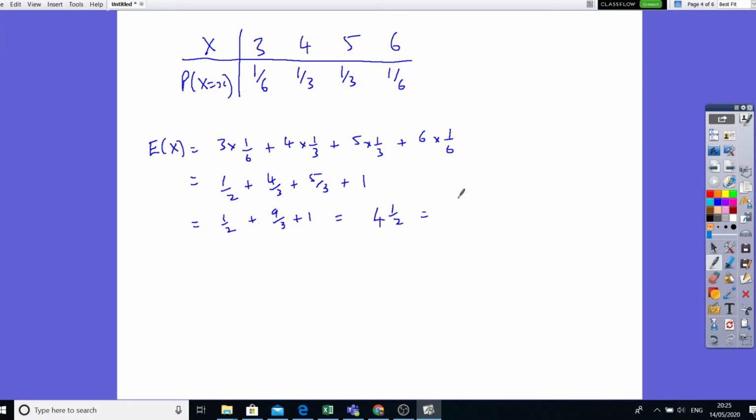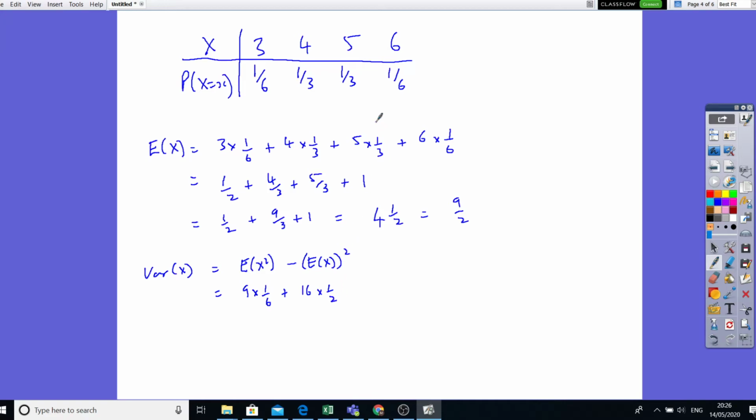4, 8, 9 halves. Okay, so the variance is equal to E of x squared minus E of x all squared. So that means 3 squared is 9 times the probability 1 over 6, plus 4 squared is 16 times 1/3.